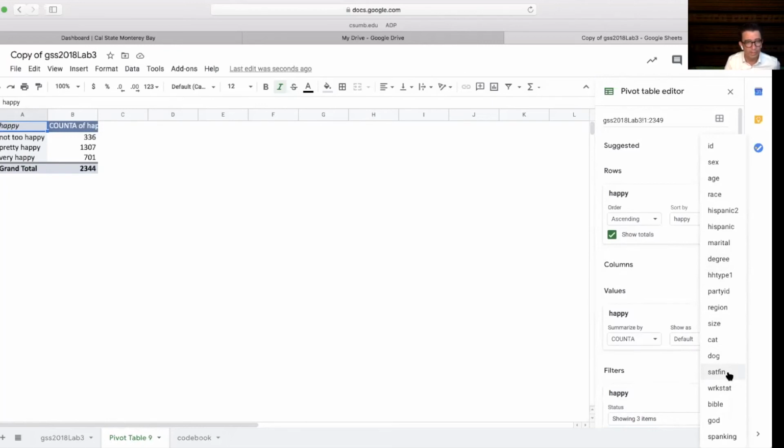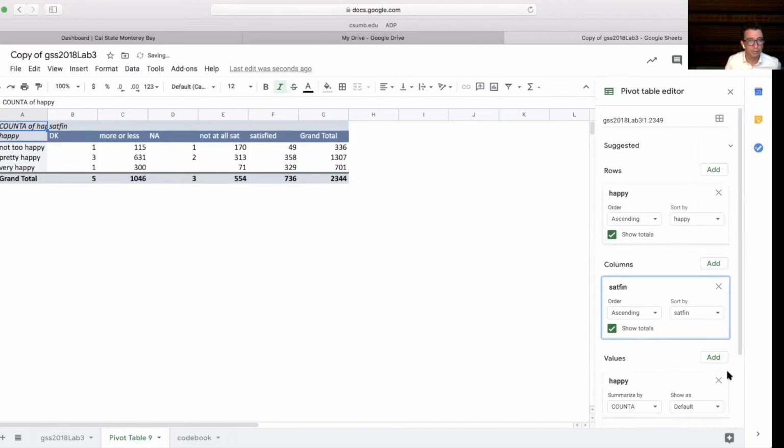That should be related with happiness, I would imagine, to a certain degree. But let's see. So if I click there, remember this SatFin asked respondents, there was a question in the survey that asked, how satisfied are you with your financial situation these days? And respondents said, I'm satisfied, or more or less satisfied, or not at all satisfied.